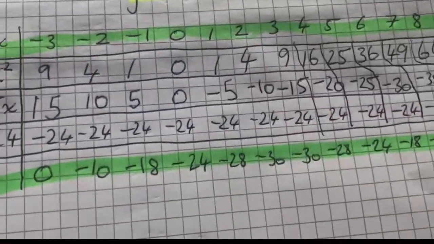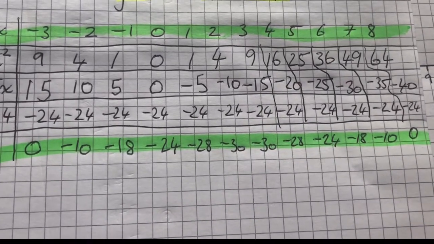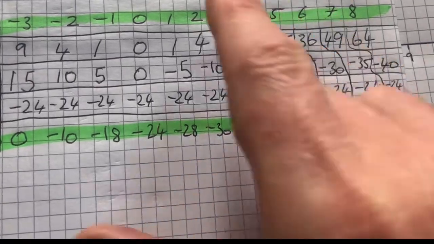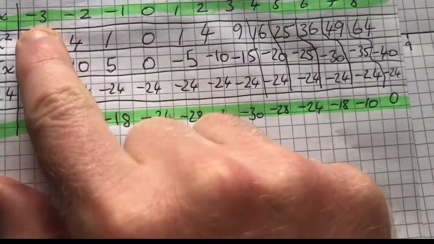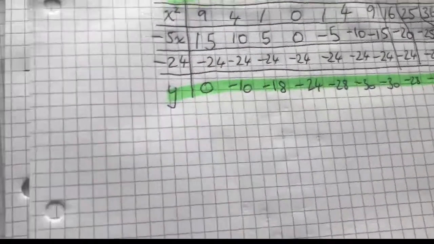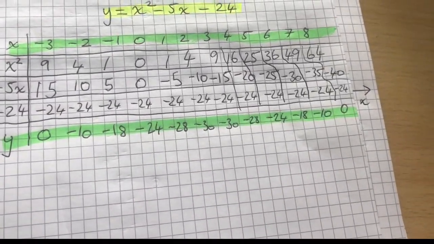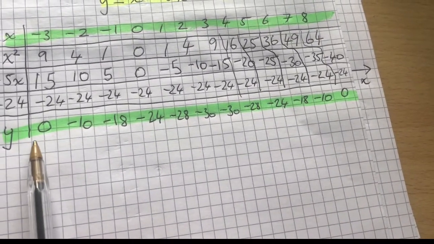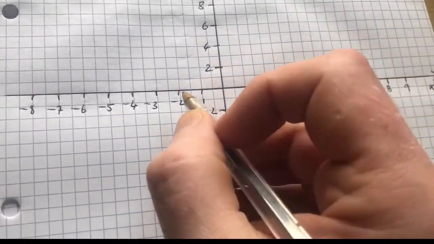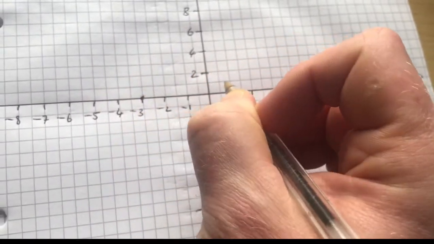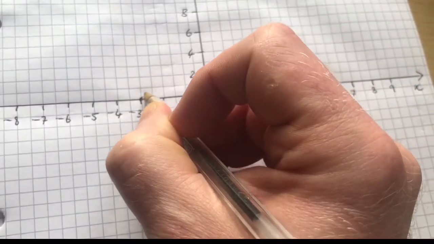There they are again. Don't forget it's the green highlighted rows that I'm plotting. The top one is the x's, the bottom one is the y's, and I go across. X is minus 3, y is 0, so that means you're on the, as I was indicating before in the last example, when y is 0, you're on the x-axis. So when y is 0, x is minus 3, would be plotted there. I should really think of the x first, but x is minus 3, go across to minus 3.